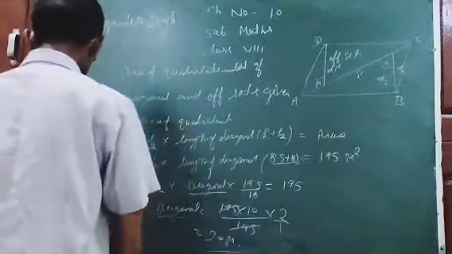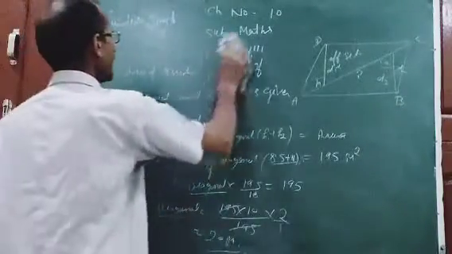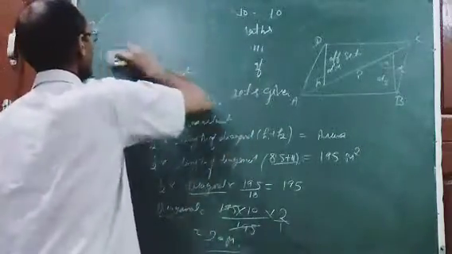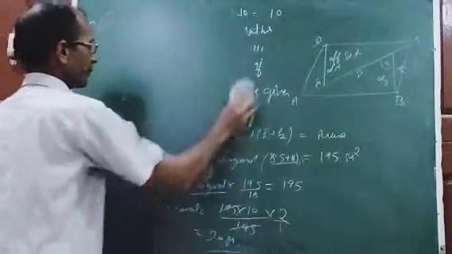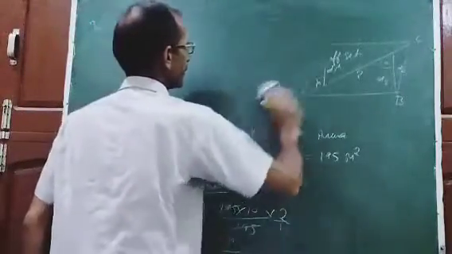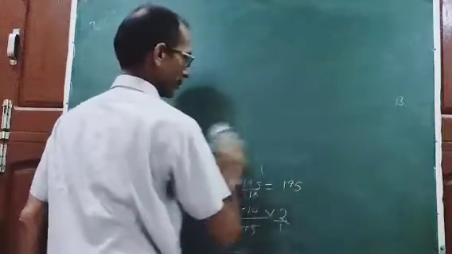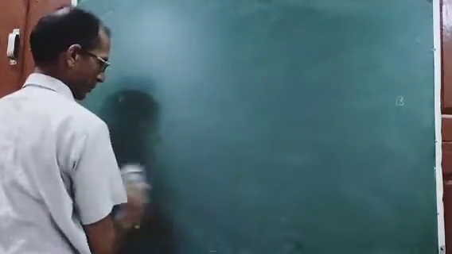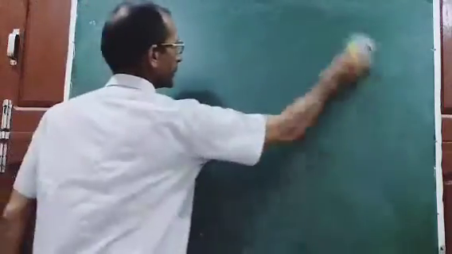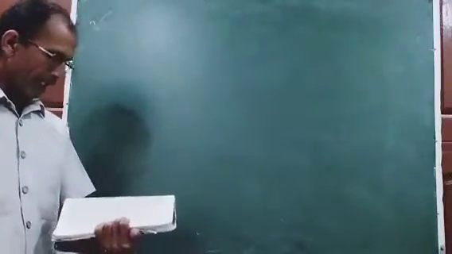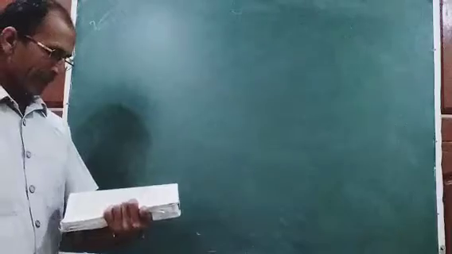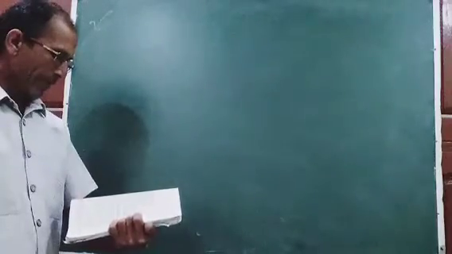Now one more question. Question number 10. The quadrilateral ABCD is as shown in the figure. AB is parallel to CD, AD is perpendicular to AB. So the figure is like this.